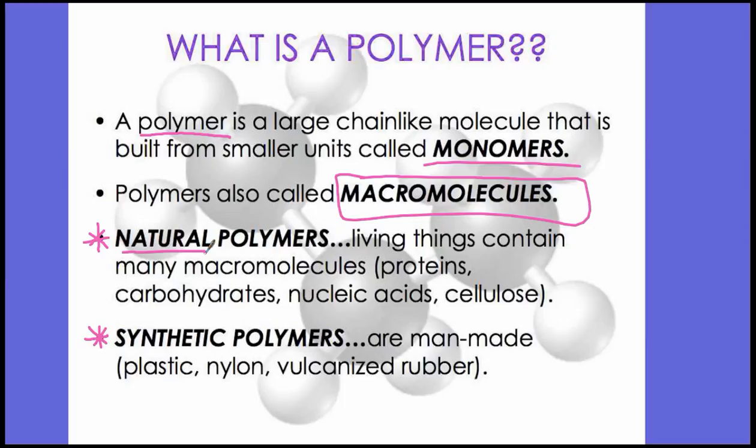The plastic chair you're sitting on right now, any kind of plastic, your water bottles, nylon, anybody wearing stockings? Yeah. There you go. And vulcanized rubber, the rubber that they put on the soles of your shoes. All man-made. Did that answer that question? Yeah. Okay.